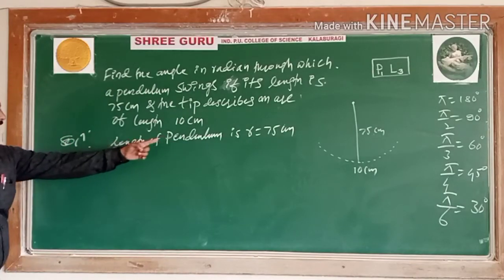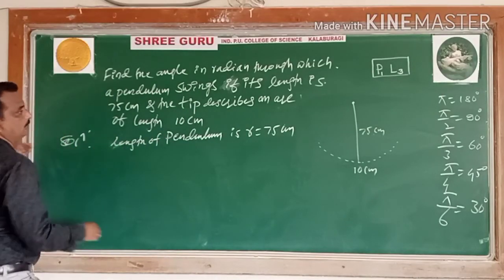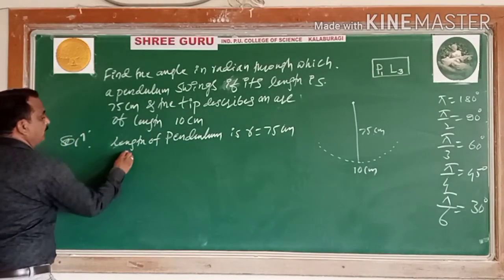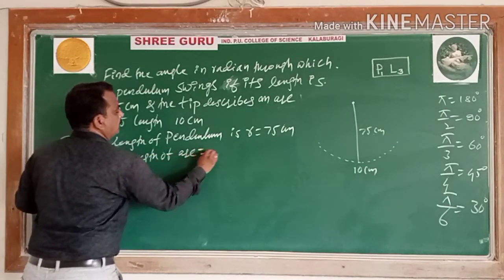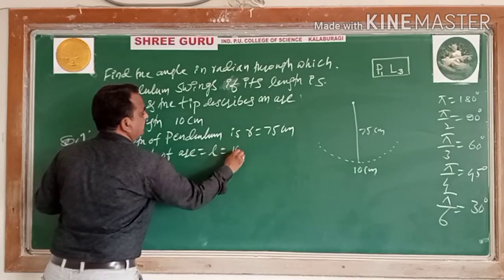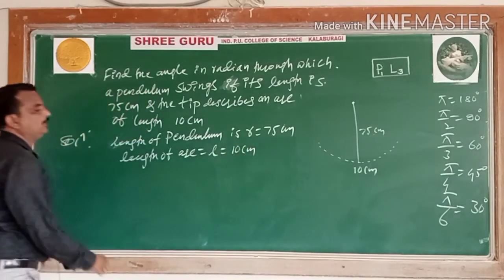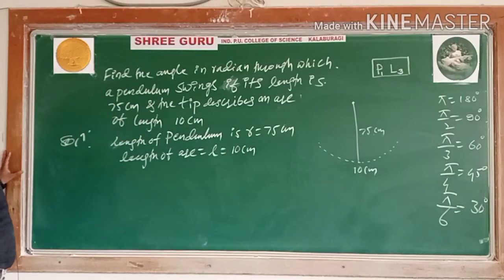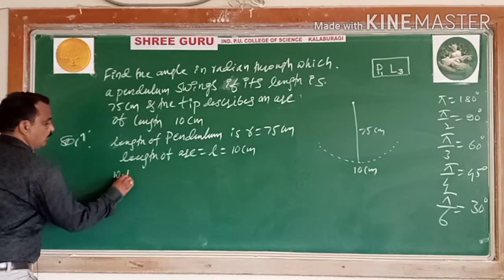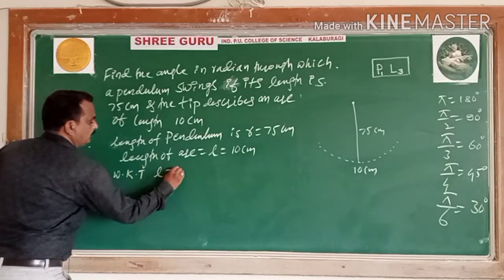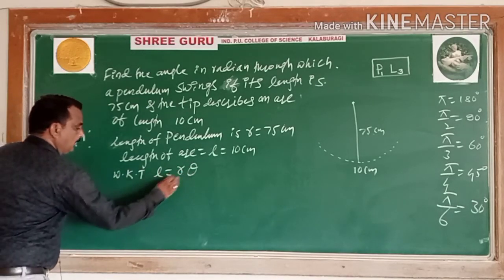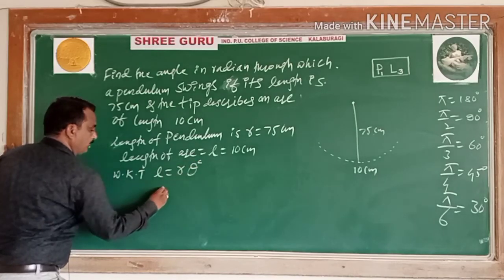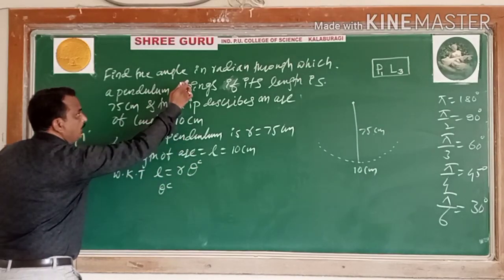The length of the arc, L, is equal to 10 centimeter. To find the angle, we know that L is equal to R theta. Here the angle is required in terms of radian only.